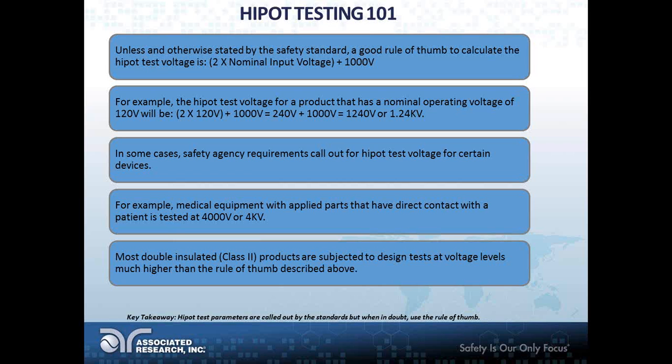So the key point to remember here is that Hipot test parameters are usually called out by the standards that you're trying to comply with. But whenever you're in doubt, the rule of thumb formula that we just showed you is a good approximation of what voltage you should be using.